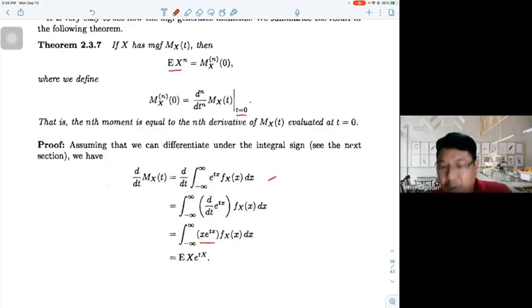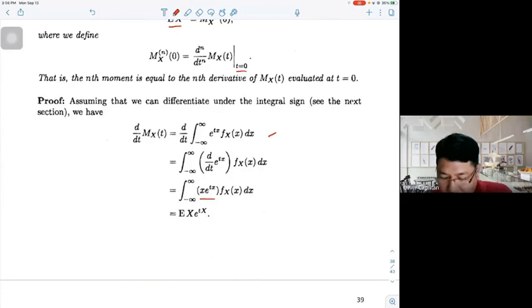Okay, so applying the definition, this would be X times e to the tx. So we have the product of our random variable X and the exponential function e to the tx, taking this as our expression, and then times the PDF of our X. So that's by definition the expectation of X e to the tX.